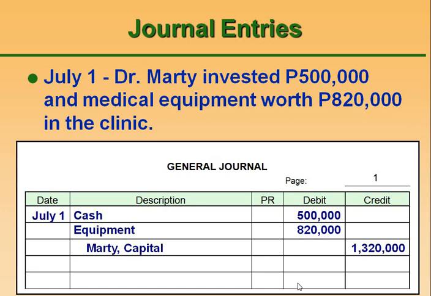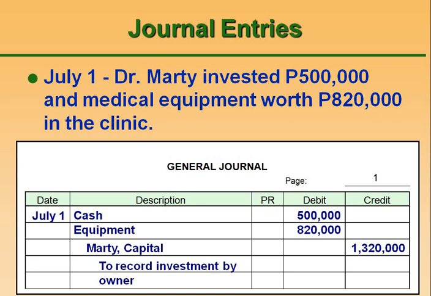After that, we may write a short description of the purpose of the journal entry: to record investment by owner. Just describe the transaction which you have recorded. Investment by owner. How about the PR column here? Should we place anything here? Not yet. Why? What does PR stand for?